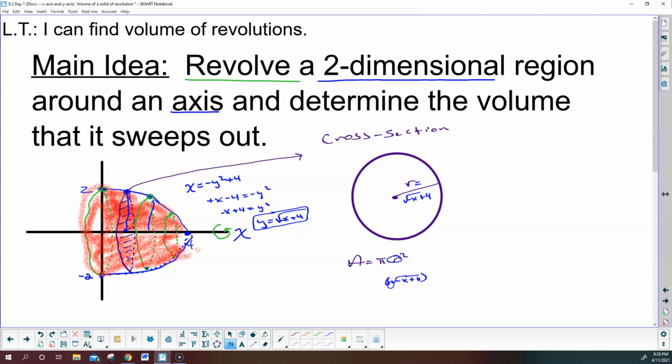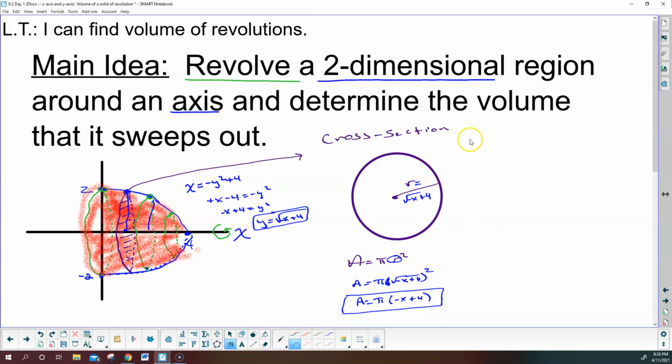And then according to the area of a circle, it says take your radius and square it and times it by pi. Well, a little bit of algebra simplifies this out. So I get pi times negative x plus 4. Now, don't distribute. I'll show you why in a second, but notice, here is the area expression for this cross-section. That's basically this shaded area of this circle.